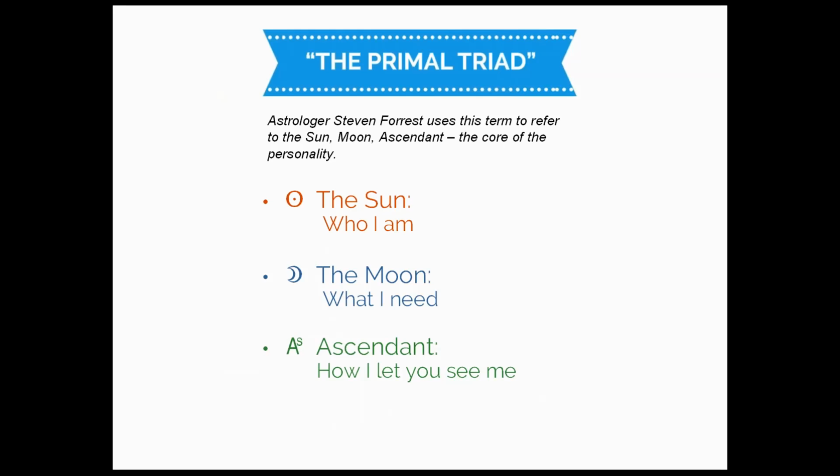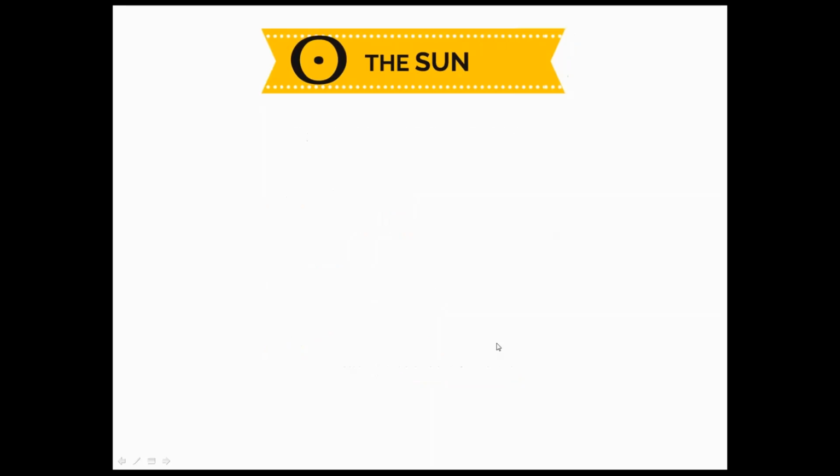So next we're going to start looking at planets. I'm going to begin with what astrologer Stephen Forrest refers to as the primal triad, the Sun, Moon, and ascendant. And taken together, these three points sum up the core of a person's personality. The Sun describes who I am, the Moon is what I need, and the ascendant is this is how I will let you see me.